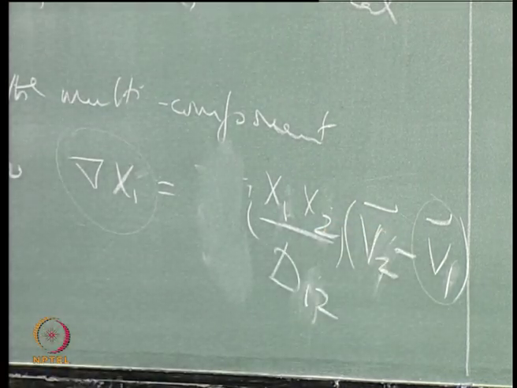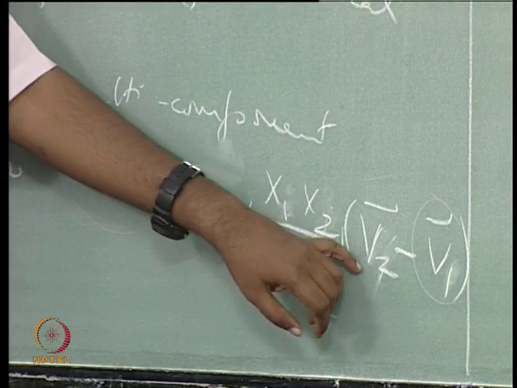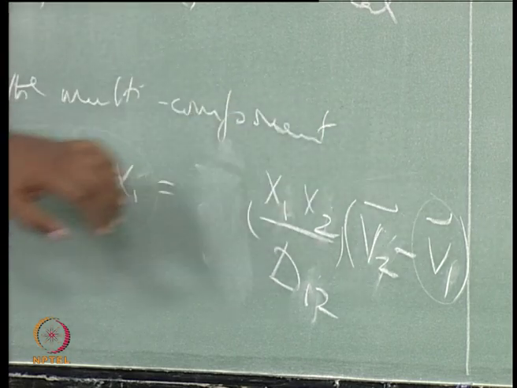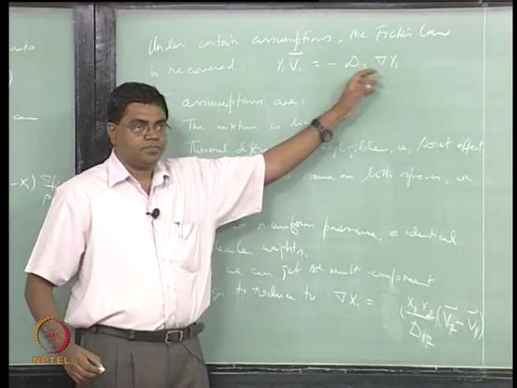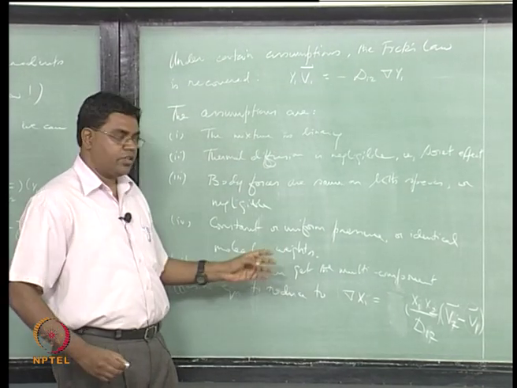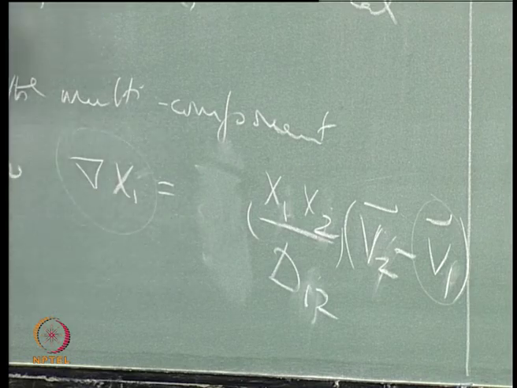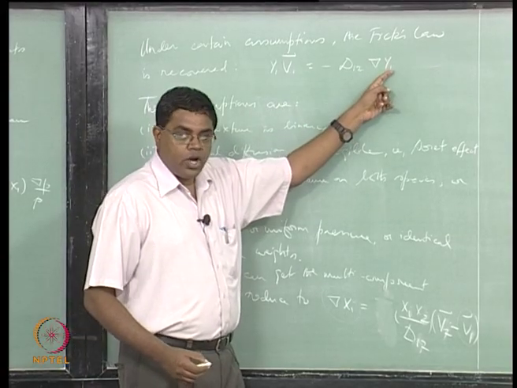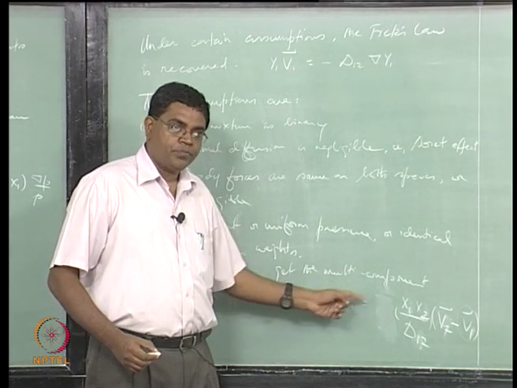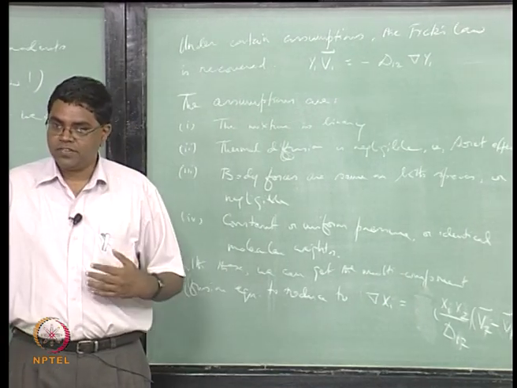The problem that I am talking about is you now have v2, x2 and x1 as distractions in this expression. We wanted a gradient of y1, but this is an expression for gradient of x1. So you know how to convert y's to x's.